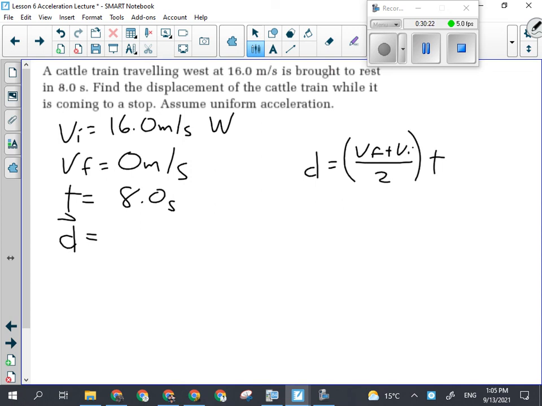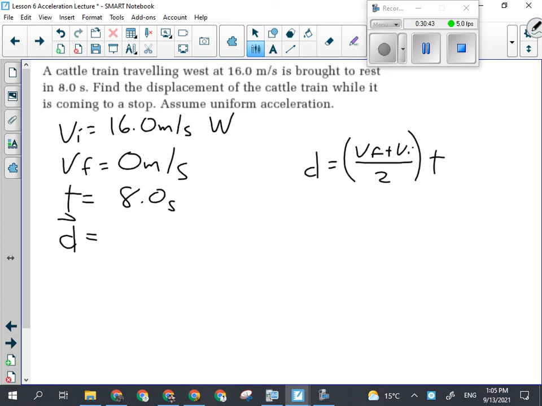This is an accelerating object, and I'm not given or asked for the acceleration. Weird, okay? Really, really weird. So I gotta use the weird formula. You know, that one I told you can only use if the question explicitly states uniform acceleration, which this one does.